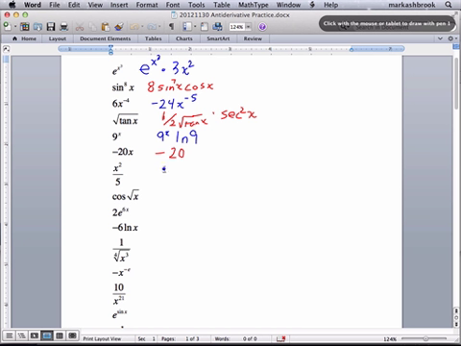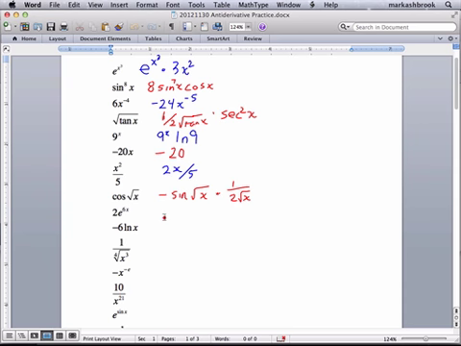David, 2/5 x. Cosine radical x. Stanley. It's negative sine of square root of x times 1 over 2 times square root of x.